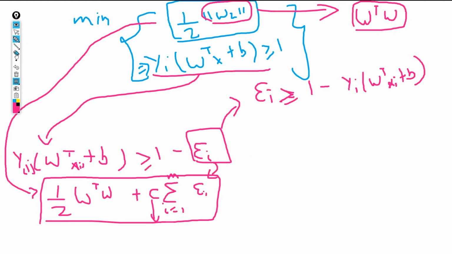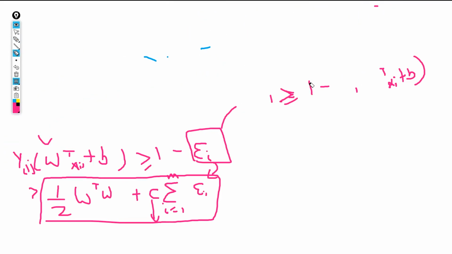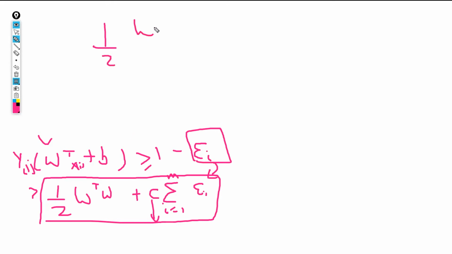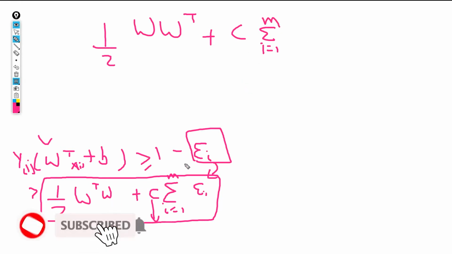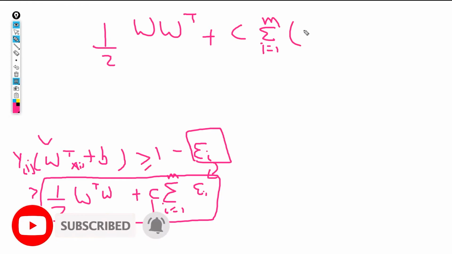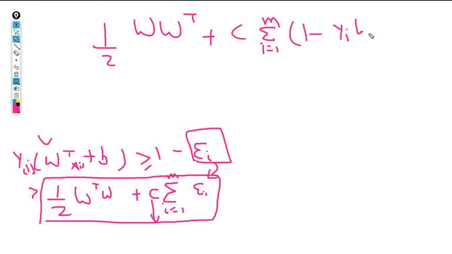So our equation is going to be 1 upon 2 w transpose w plus c sigma i equal to 1 to m, and here I am going to apply the value of ei. So that value is 1 minus yi (w transpose xi plus b).